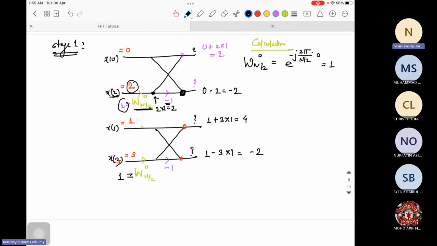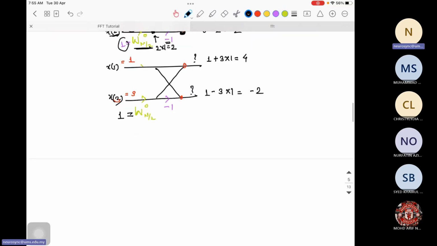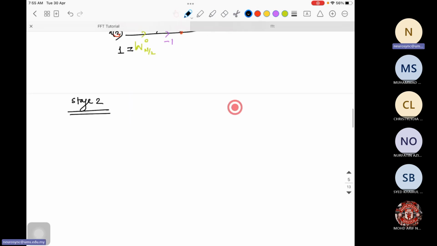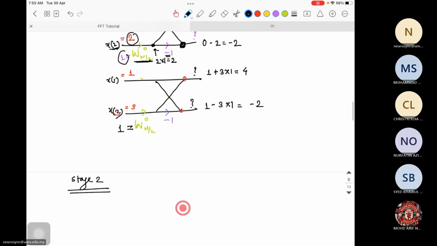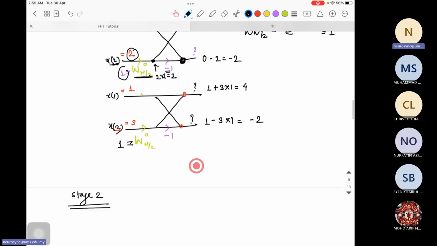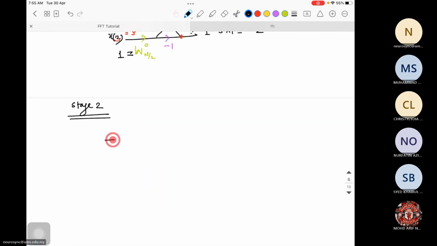Now, this is the output of stage 1. What is the output of stage 1? 2, minus 2, 4, and minus 2. We will use this as the input to stage 2. So the input to stage 2 is 2, minus 2, 4, and minus 2.